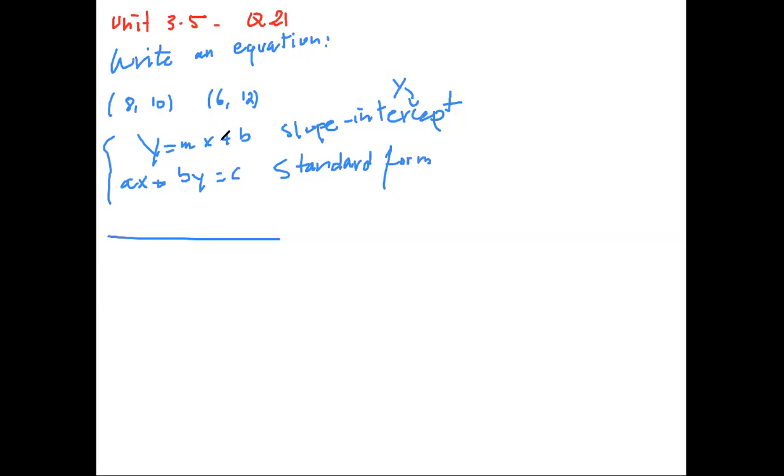If you have one, you can get to the other. So let's first find the m. So each equation must have a y-intercept and slope. So let's find the slope. How do you find the slope? There's a formula for finding the slope. What is it?